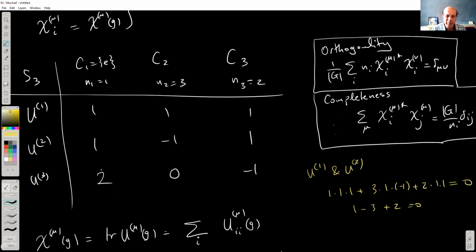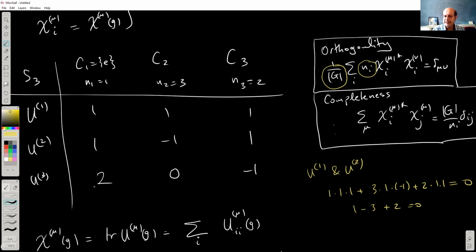So basically, this character table, provided that you multiply with these extra numbers in here, is kind of like a unitary matrix, all right? So as a result, there are orthogonality relationships between the rows, and there's a corresponding orthogonality relationship between the columns.